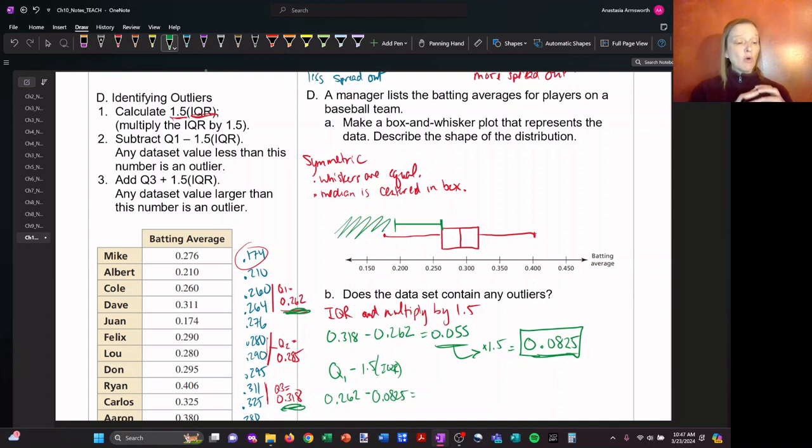That's going to give us a lower end value. And that answer is 0.1795. So any values that are lower than 0.1795 are considered to be outliers. So if we look at this data set, are there any values that are less than 0.1795? Yes, there are. We're going to consider that 0.174 value is an outlier.